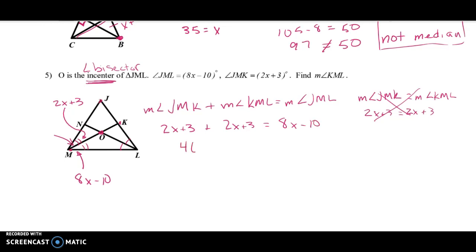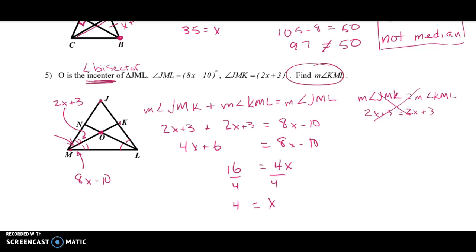Now we can solve. We get 4x plus 6 equals 8x minus 10. We'll end up with 4x equals 16. Divide by 4. X equals 4. But then it said to find KML.